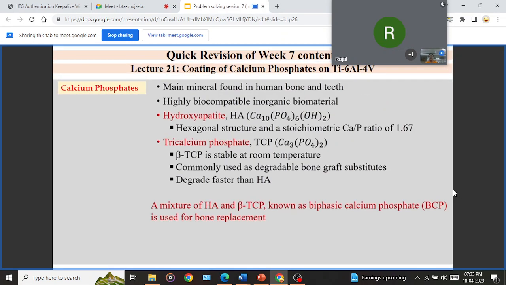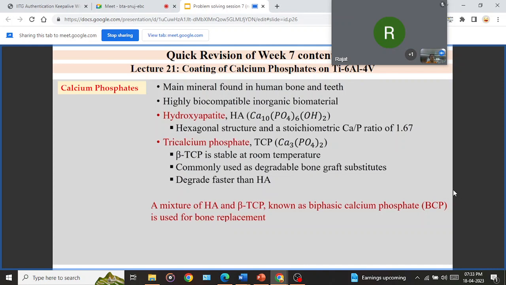So in the last lecture, lecture number 21, we discussed the coating of calcium phosphate on titanium. What is this calcium phosphate? It is the main mineral found in human bone and teeth, and it is highly biocompatible. So in most bone and teeth implants, we use calcium phosphates.